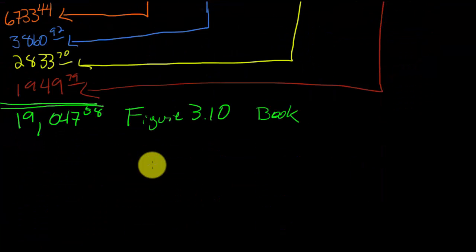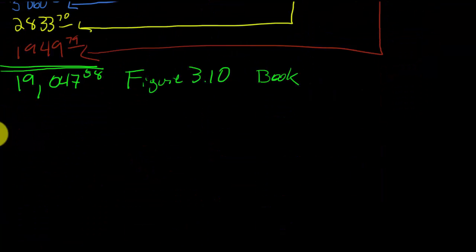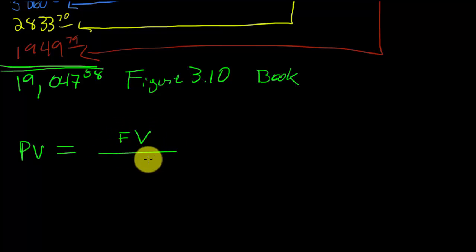The equation for this looks a little complicated. My present value is equal to whatever it is in the first period. Usually we do future value over 1 plus r to the n, but here we're not calling this future value because it's not just one value. So instead I'm going to call it the cash flow in period 1. Because I know this is period 1, I don't really need my n.